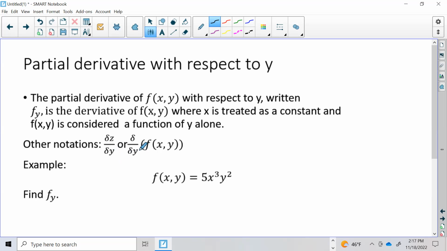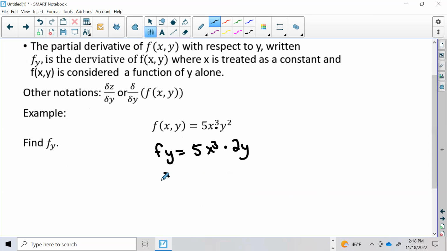These are two other possible notations that you may see, meaning that you want to treat x as a constant and y as the variable. So again, when I'm taking this partial with respect to y, 5x cubed is a constant. Because it's in front, we're just going to leave that in front, and then we're going to multiply by the derivative of y squared, which is 2y. And then we can simplify: 5 times 2 is 10x cubed y.